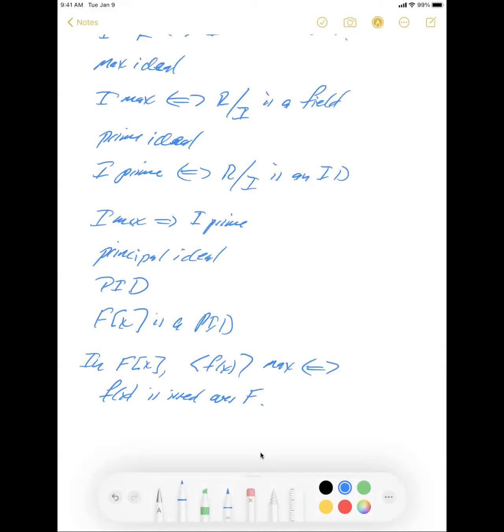This allowed us to construct fields of given orders.